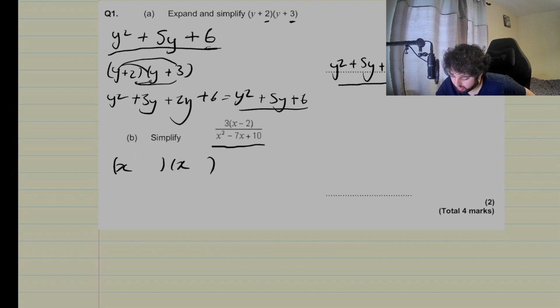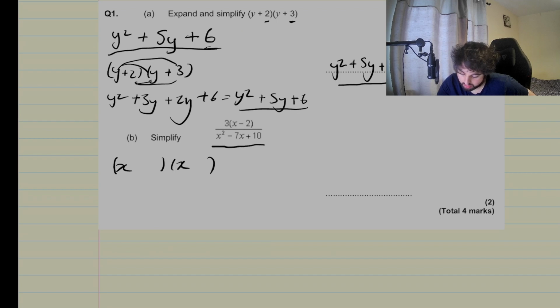All right? So now, to put these into brackets, what we have to do is find two numbers that multiply together to make 10, but when you add them together, it has to equal minus 7, right? That's the important thing, to find out the numbers that you put alongside these x's right here.